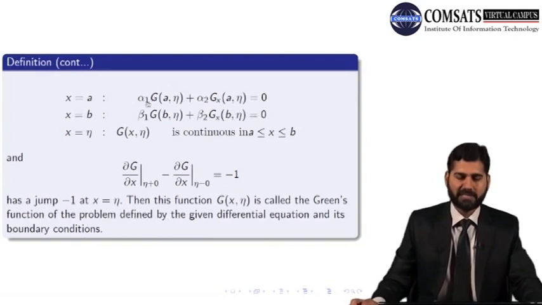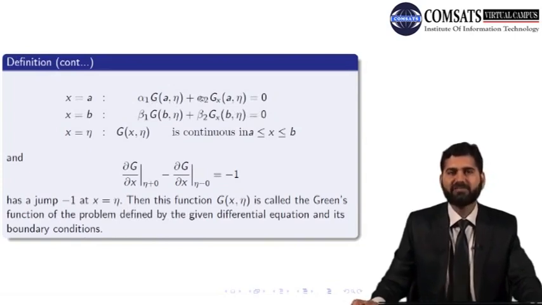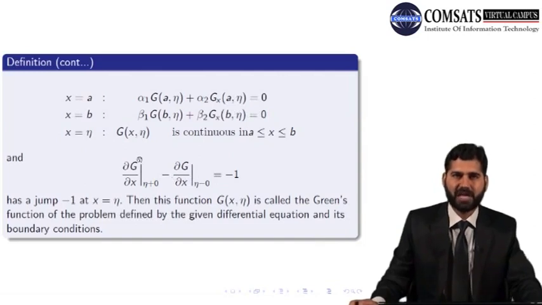With the following properties: your Green's function satisfies homogeneous boundary conditions at a and b, and at x is equal to eta, your g should be continuous, but the derivative of g should have a jump discontinuity. So these are two extra conditions on the Green's function.